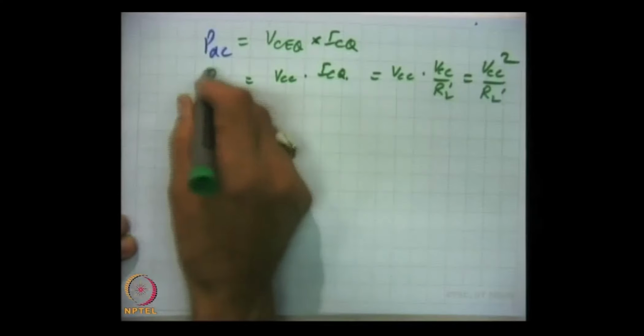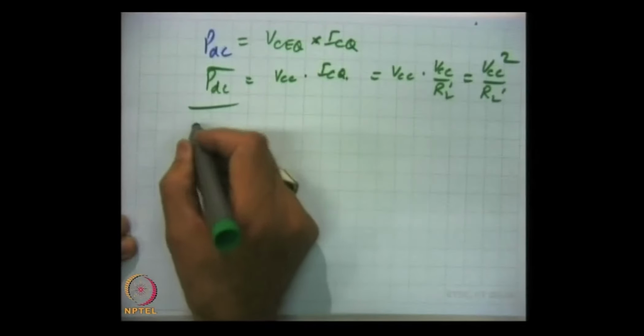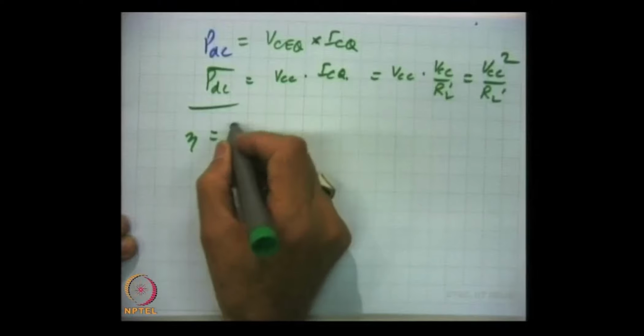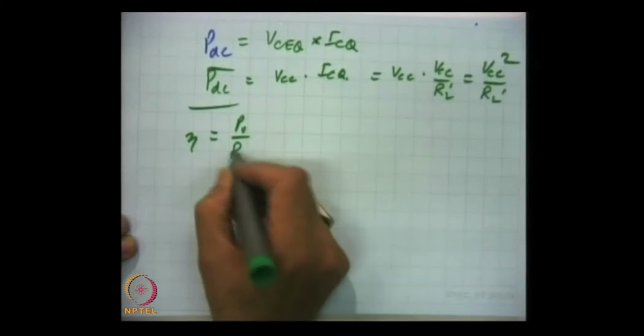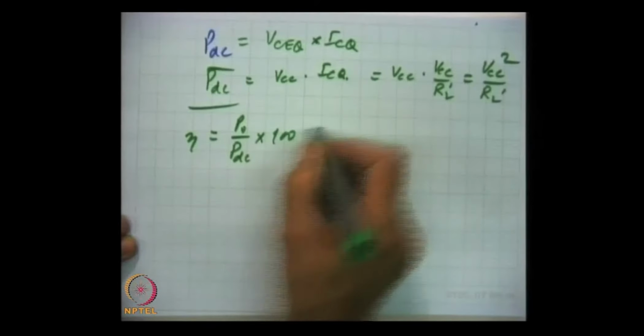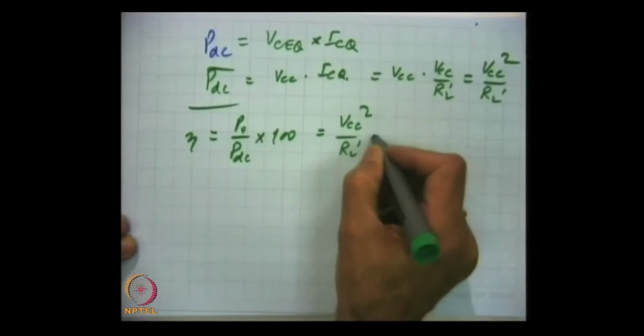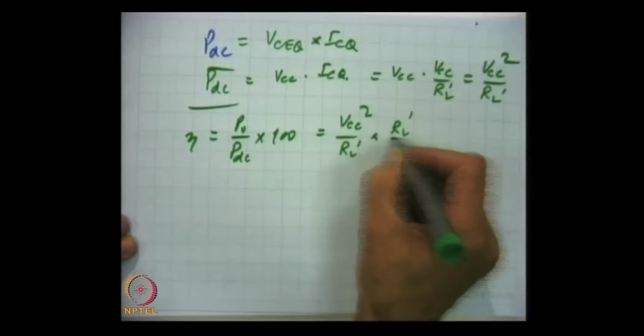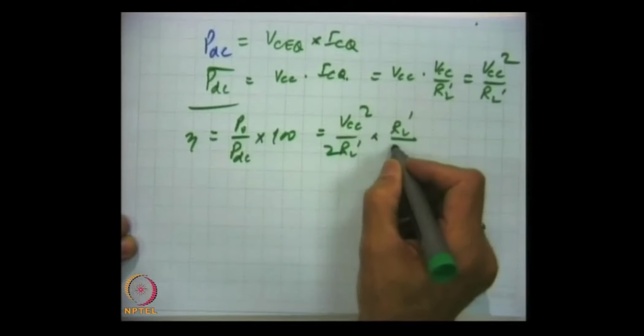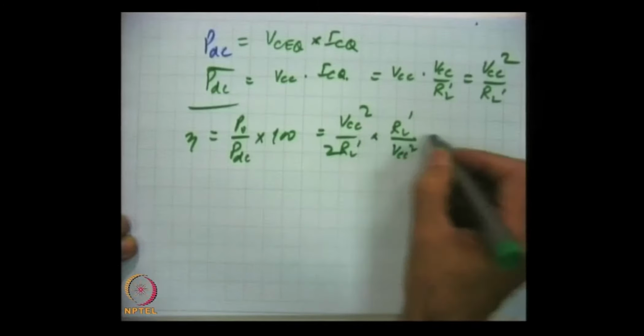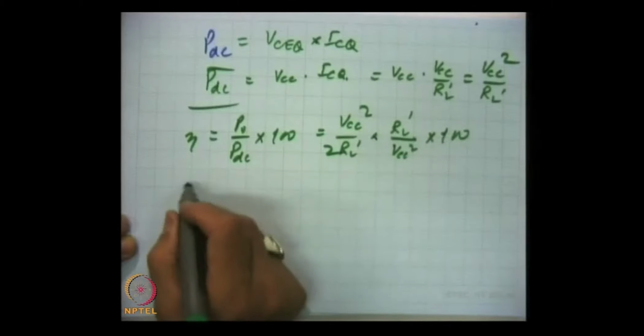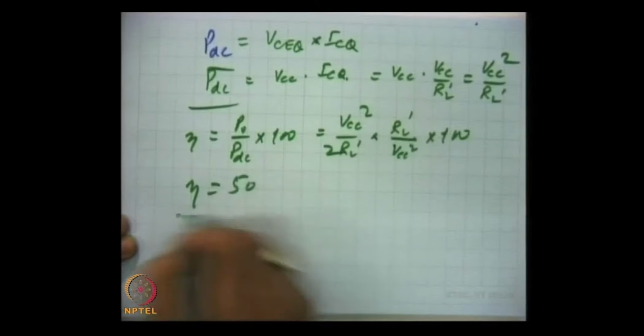This is DC power, AC power, the ratio is PO by PDC into 100, and this is VCC square by 2RL prime by VCC square by RL prime into 100. So this is, eta comes out to be 50%.